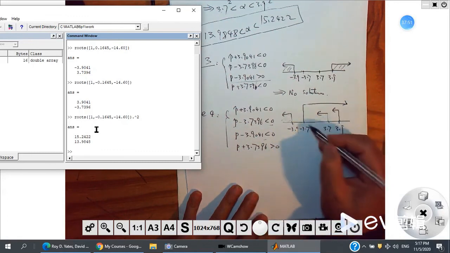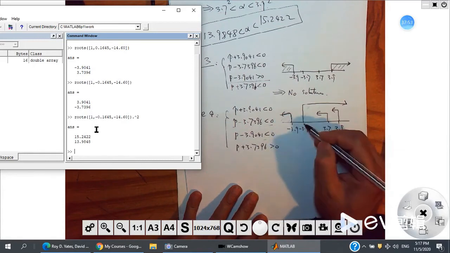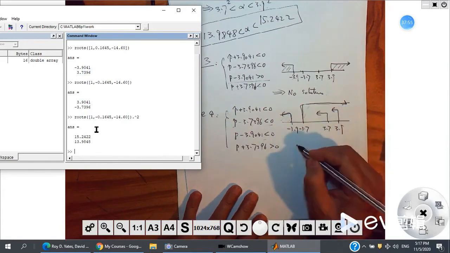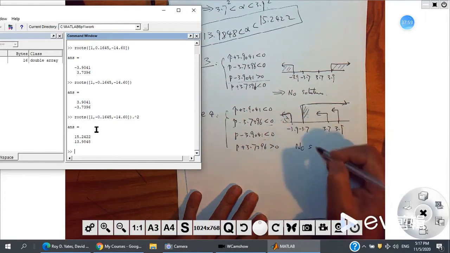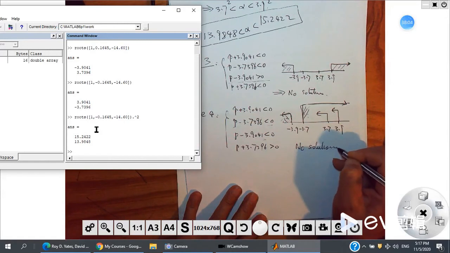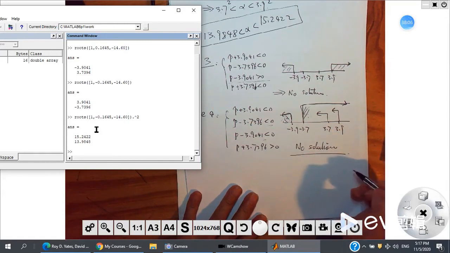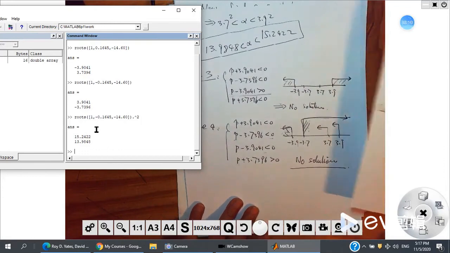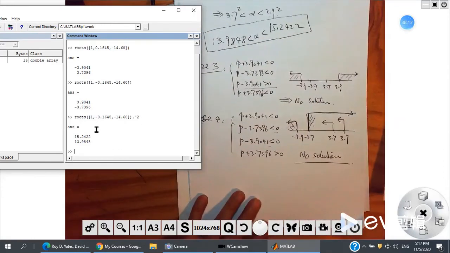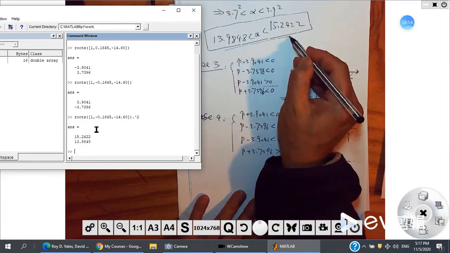Smaller than these but larger than these is impossible. So no solution. So far we discussed all the cases, and this is the only choice.